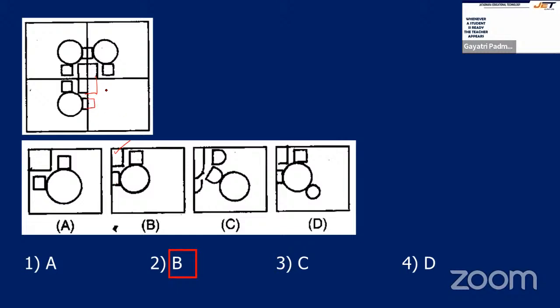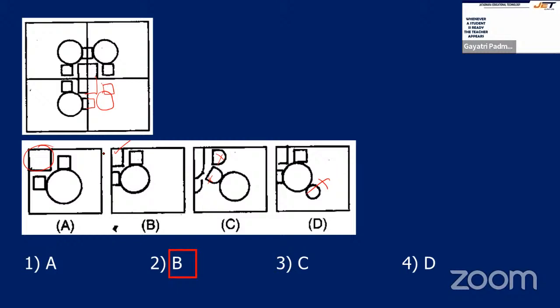And here you have a circle, and you have a small square also attached. But here this figure is wrong, and here you don't have this extra circle, so this is wrong. And here this is not the proper square that is drawn.